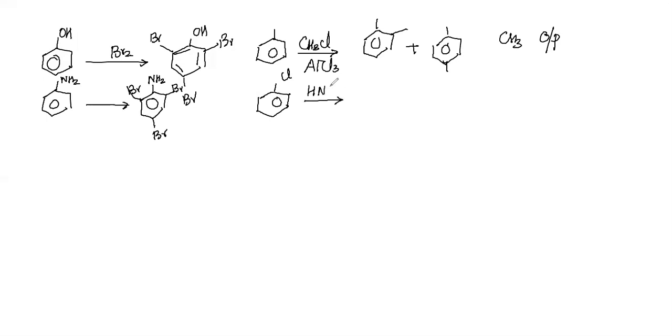HNO3, H2SO4, giving you ortho nitro plus para, with Cl here and NO2 here.